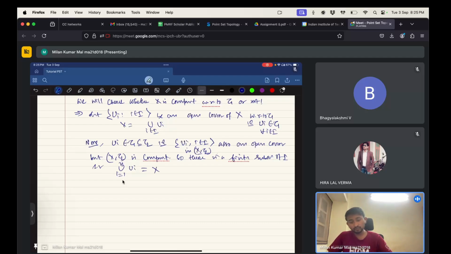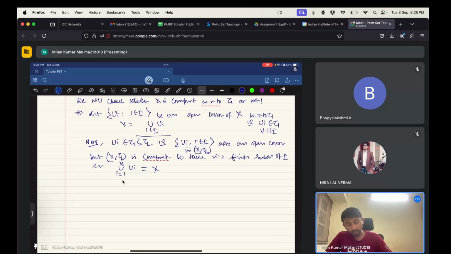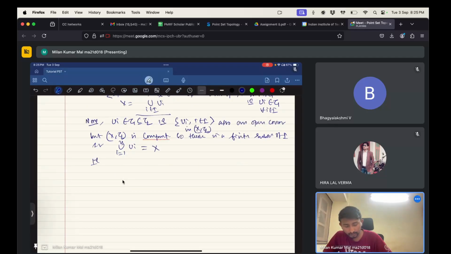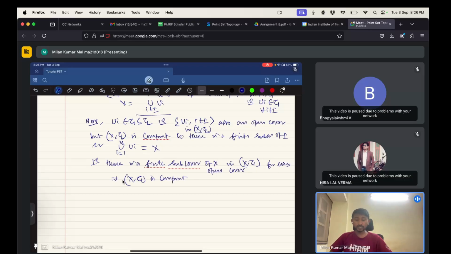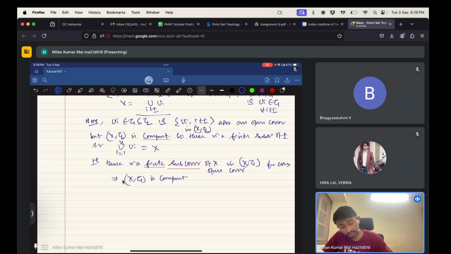That means there is a finite subcover of X in (X, tau 1) for every open cover. So X with respect to tau 1 is compact. So option B is correct, and option D is not correct. But I will show whether option A is correct or not.